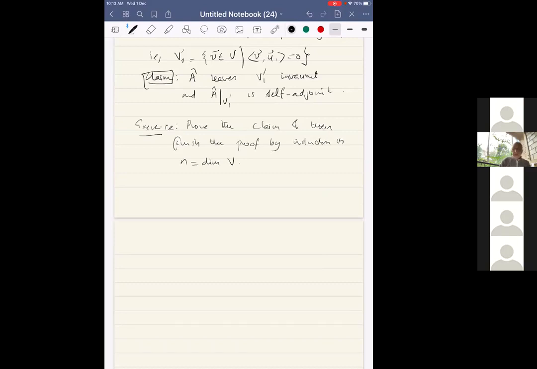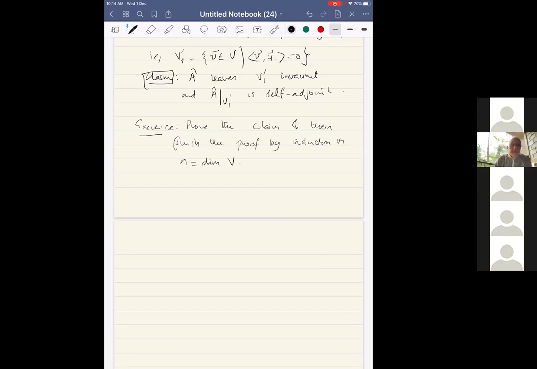Well, the induction is clear. Once you prove that A hat leaves the orthogonal complement of U1 invariant, it's easy to check that the restriction of A hat to this orthogonal complement is a self-adjoint linear map. But what's the dimension of V1 prime? One less than V, it is n minus 1.